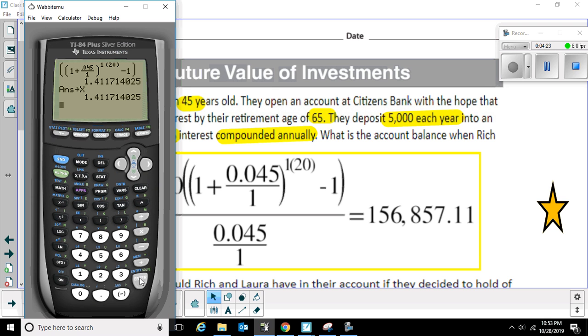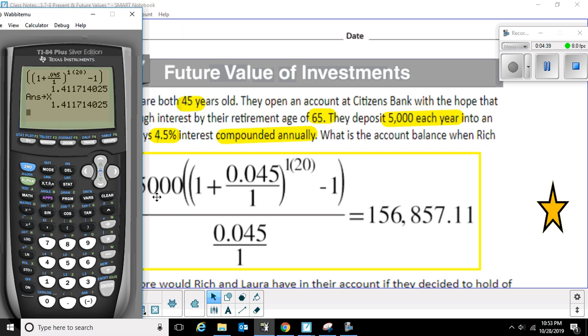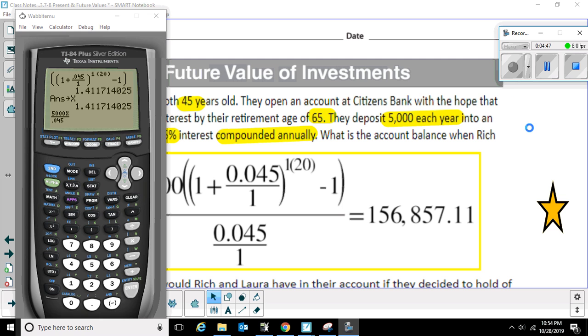Okay, well, what am I doing next? I'm going to rewrite this value with the principal, and I'm going to multiply that principal 5,000 times X, and then divide that by the fraction that we have listed. So what does that look like? Okay, so it would look something like this, where I have 5,000 in my numerator.